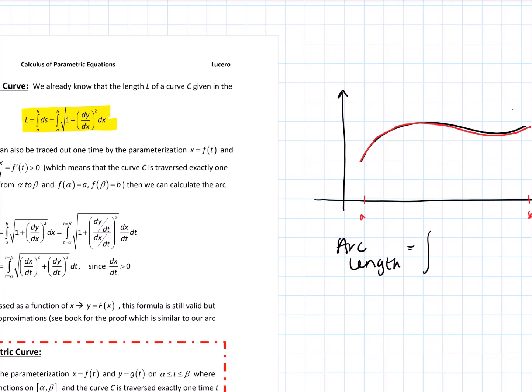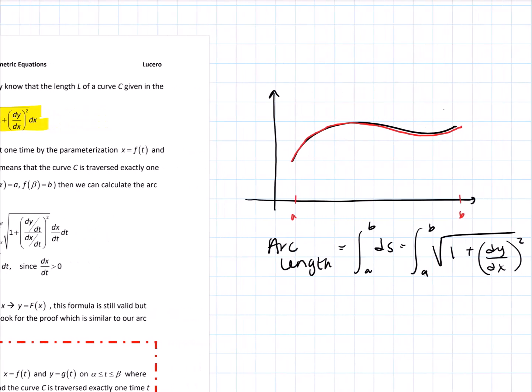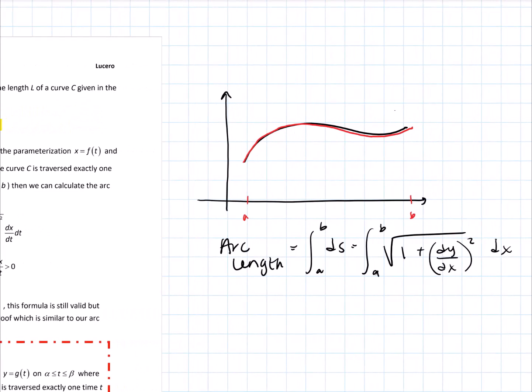The actual arc length formula is the integral from A to B. We called it ds, and we showed that ds was equal to the square root of 1 plus (dy/dx) quantity squared, with respect to x. Now we extended that. We also talked about how we could do that along the y-axis and integrate with respect to y, back in, I think, chapter 8.